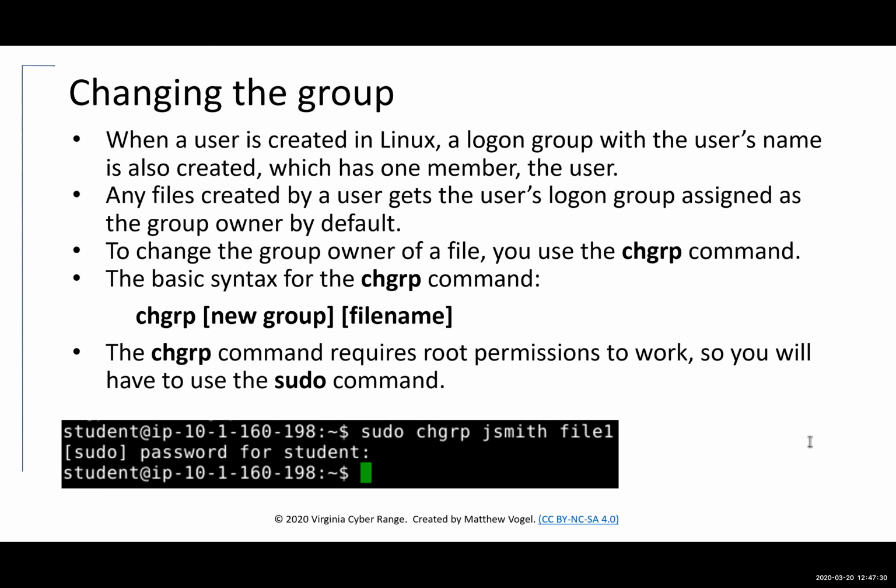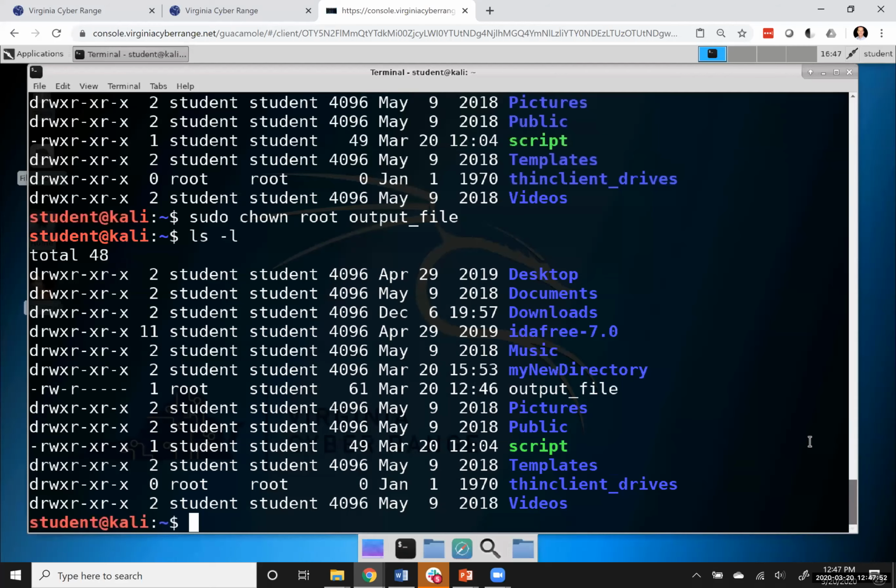Okay, and then I can also change the group. If I have a file that I create and I want to make only certain members of a certain group have access to the file, then I can change the group ownership of the file as well with change group.